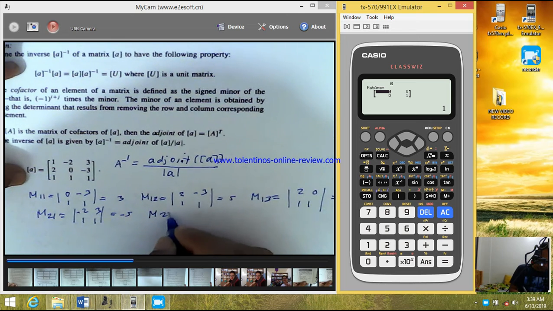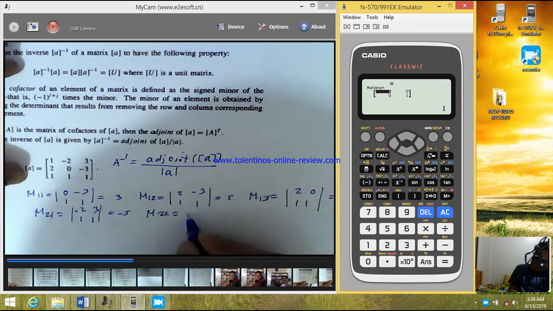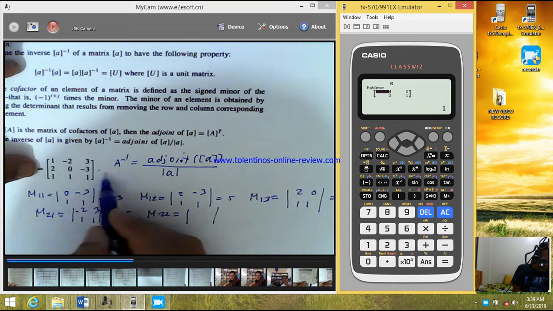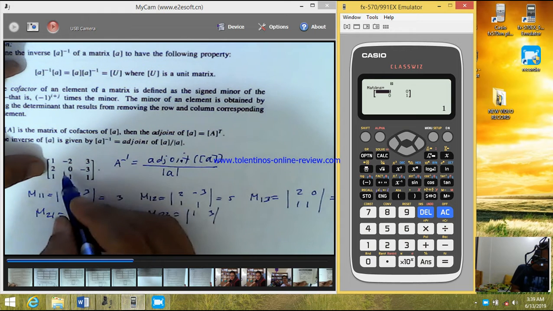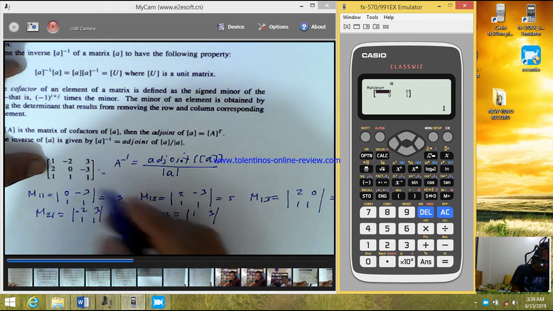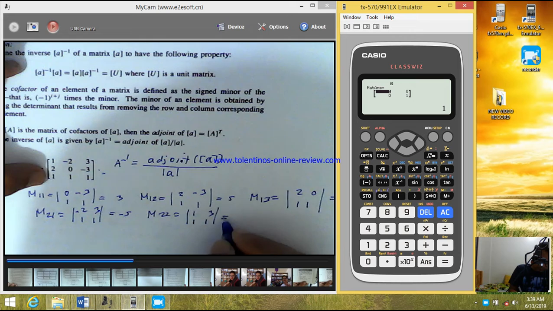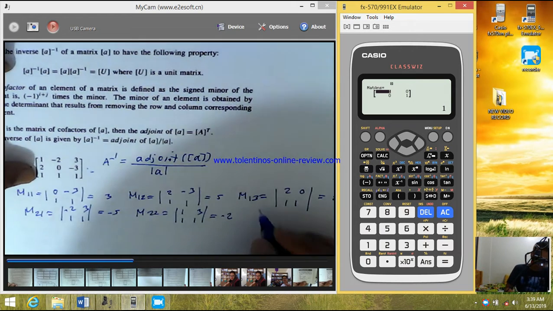Minor 2, 2: delete, you have 1, 3, 1, 1, so 1 minus 3 is -2.